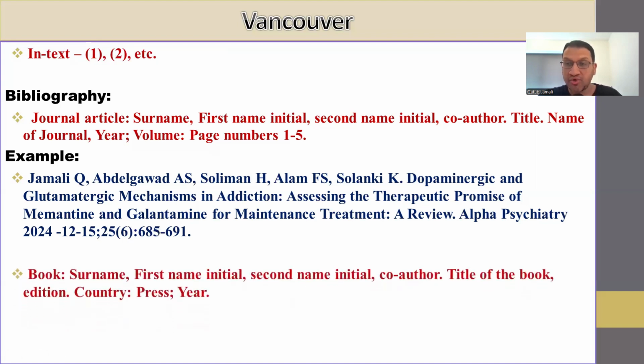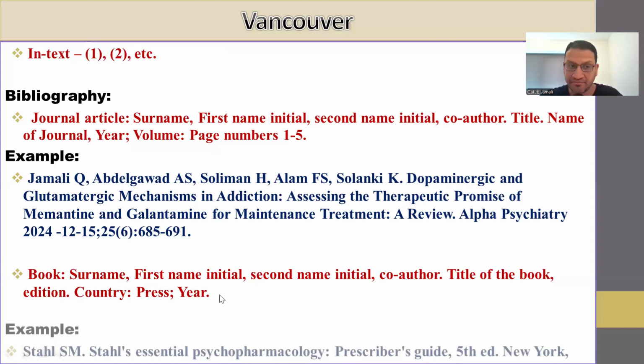When it comes to referencing from a textbook, then it is the surname, first name initial, second name or middle name initials, and so is with the other co-authors, title of the book, which edition it was, country where this book was published and printed, the press, name of the press, and the year.